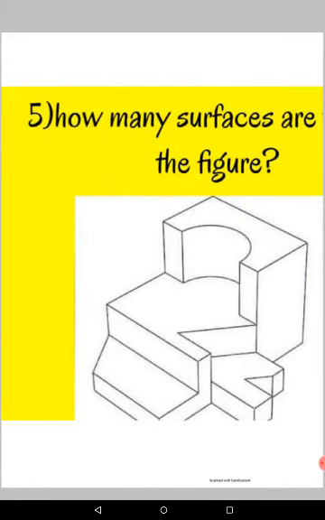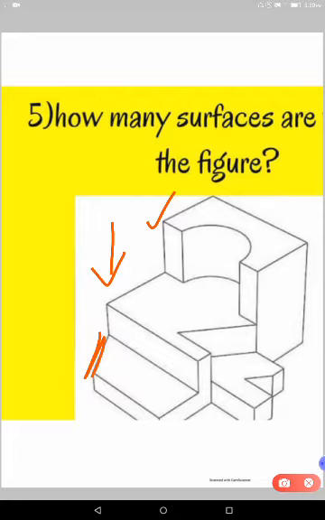Now the next question is counting of surfaces. I will do it like this. First of all, I will count the surface which is hidden from us. So that will be this surface, that means behind this whole surface that we can see, and there's a slanting like this, so there will be a different surface over there, and there will be a slanting like this.